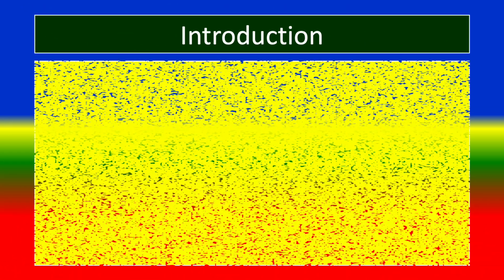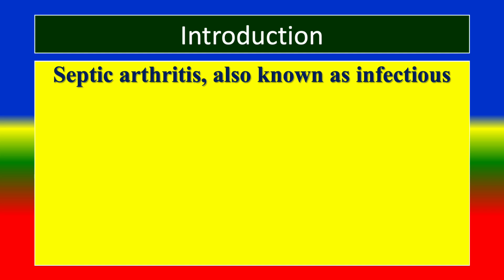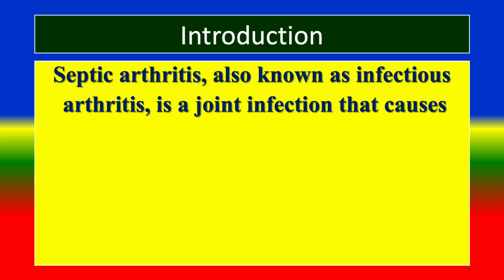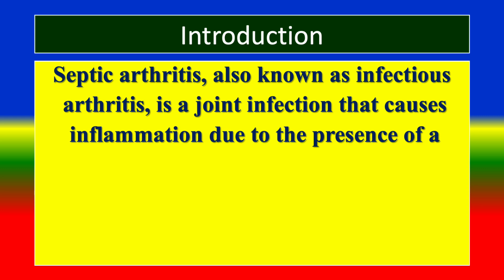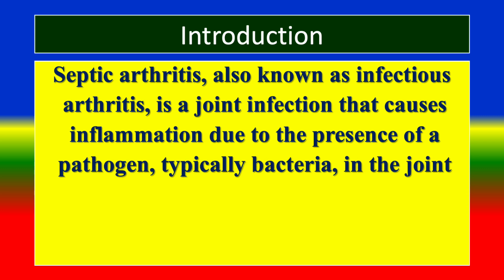Introduction. Septic arthritis, also known as infectious arthritis, is a joint infection that causes inflammation due to the presence of a pathogen, typically bacteria, in the joint space.